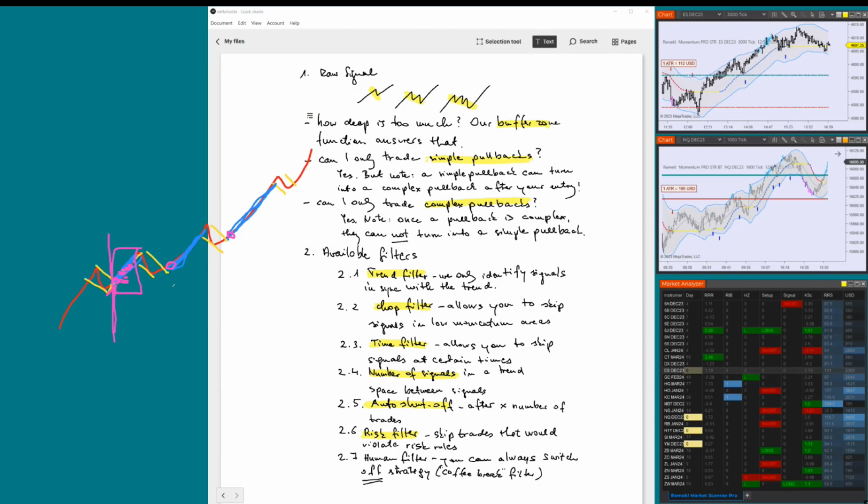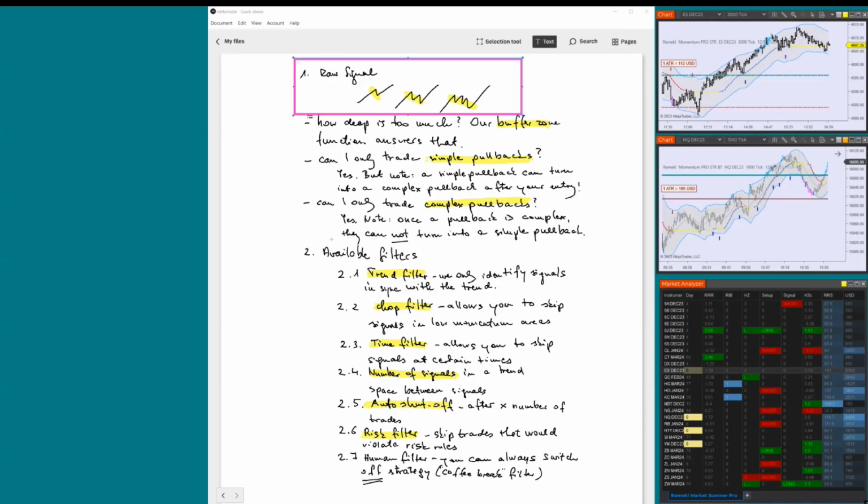All right, let's move on and look at this little drawing here that I started our thought experiment with, which just describes the raw signal. And the raw signal, we recognize that this is a consolidation area that we will call a simple pullback or a simple consolidation area.